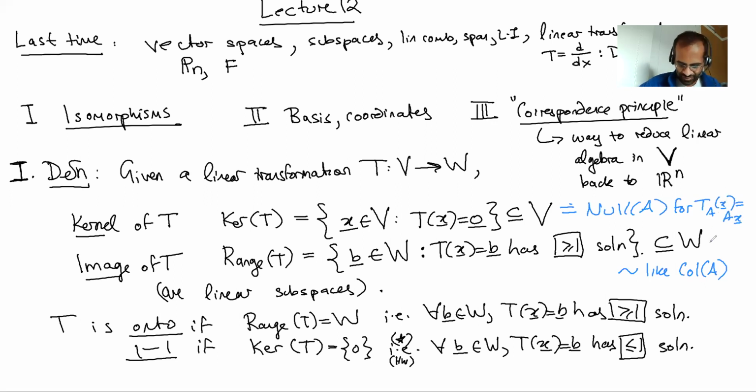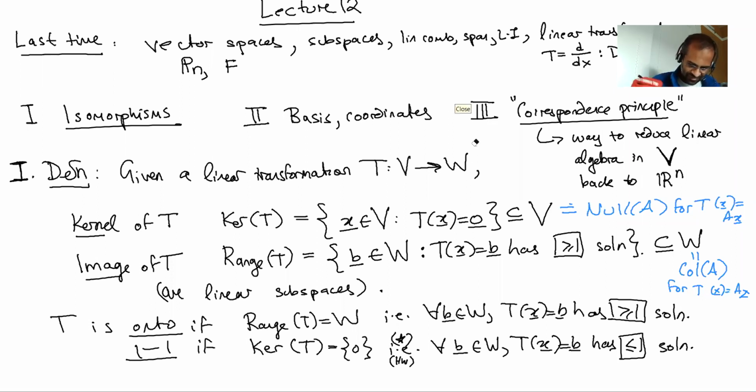But as I'll show you in a moment, there are linear transformations that don't come from matrices, where T_A of x equals Ax. So I guess I mean T of x, because I'm just calling it T, right? Yeah. Any other question about the definitions?